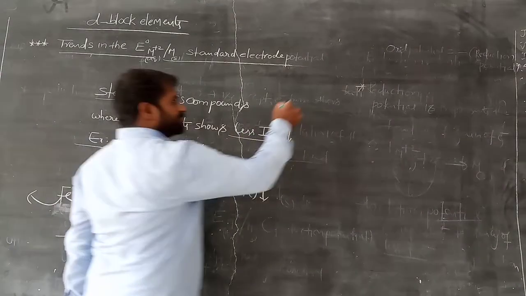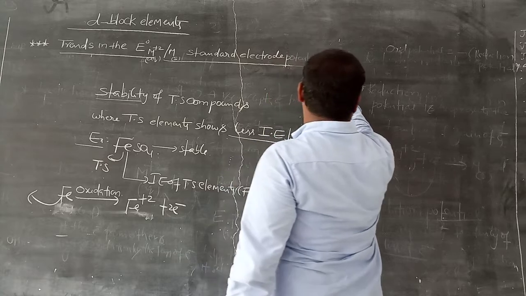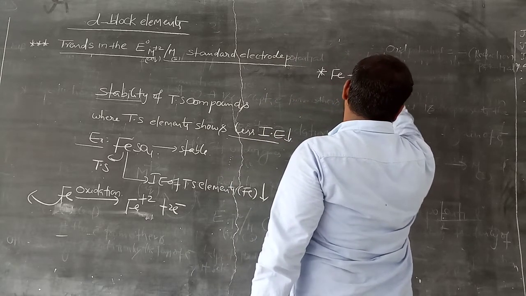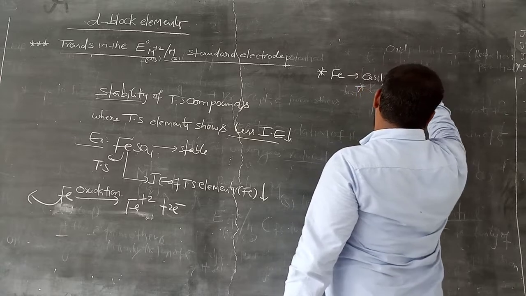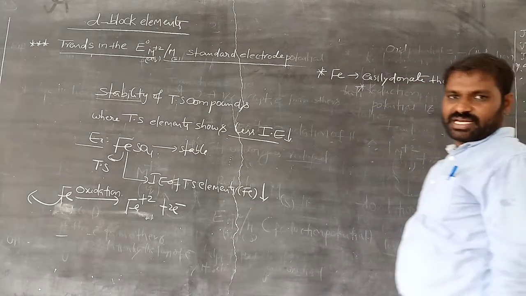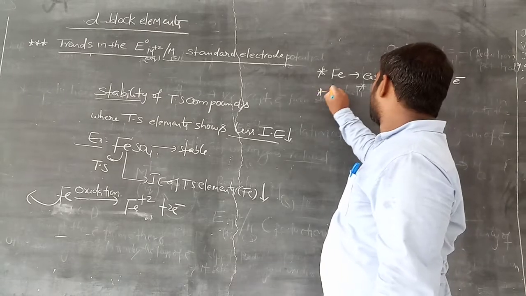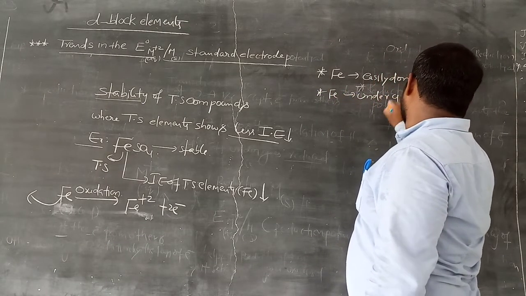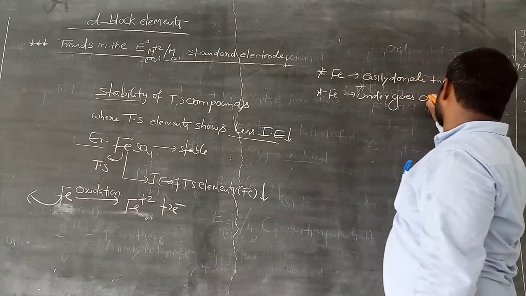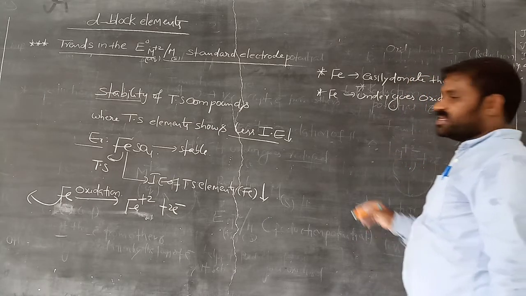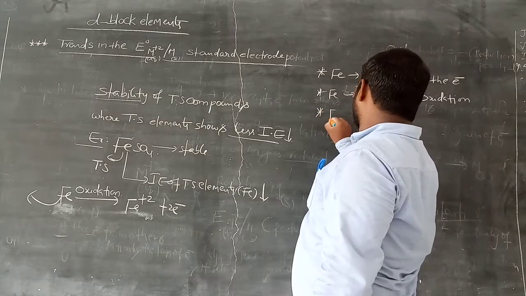Write the first point: iron easily donates electrons, am I right? That means iron undergoes oxidation by the loss of electrons.